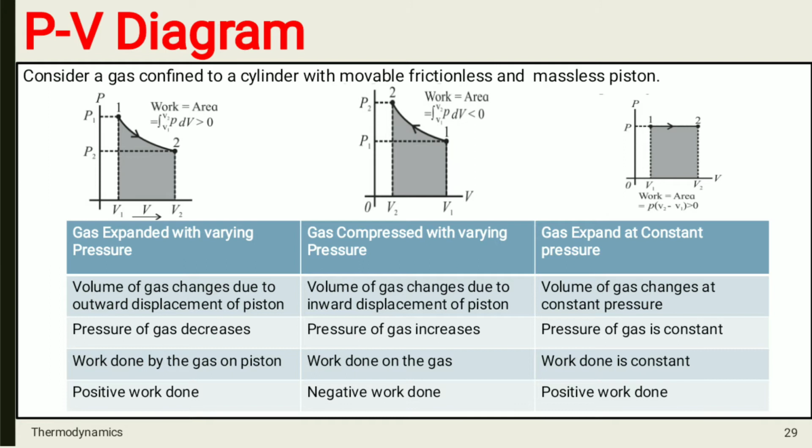As you have seen in the diagram of the cylinder in which gas is confined along with the piston, if the piston is displaced in the outward direction, then there is work done by the gas on the piston, and this work done we are considering as a positive value.